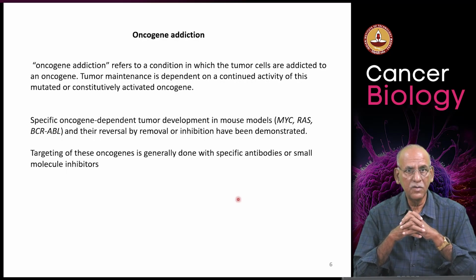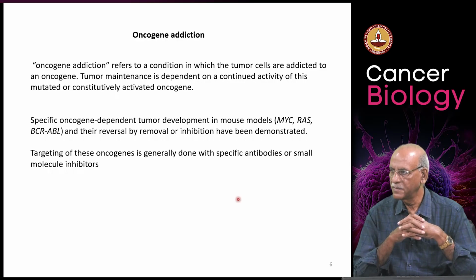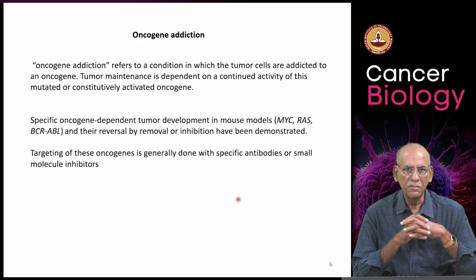Targeting of these oncogenes is generally done with a specific antibody or sometimes small molecule inhibitors, chemicals. Either you can inhibit them with chemicals if you have chemical inhibitors, or you can use some antibodies.